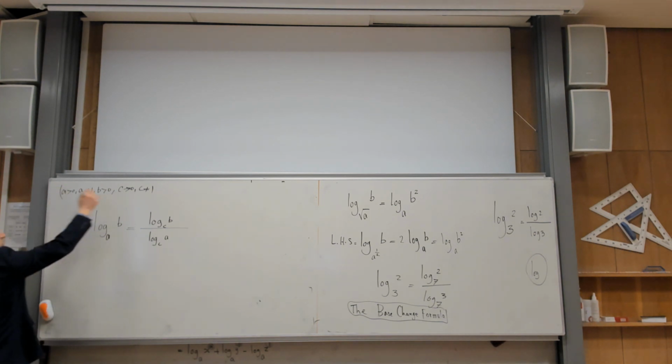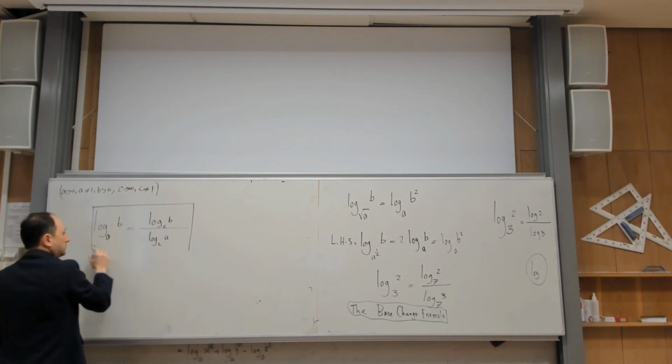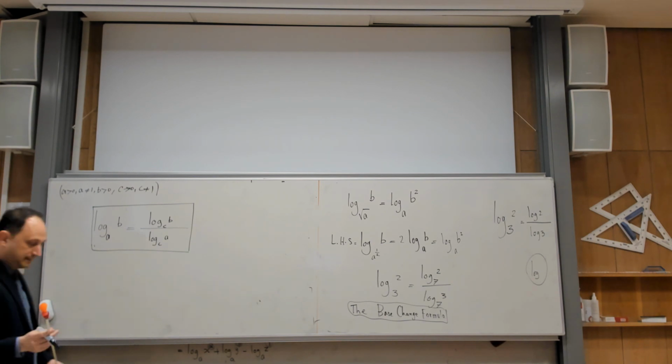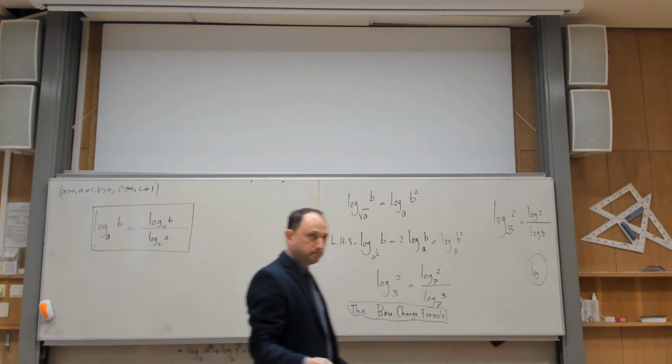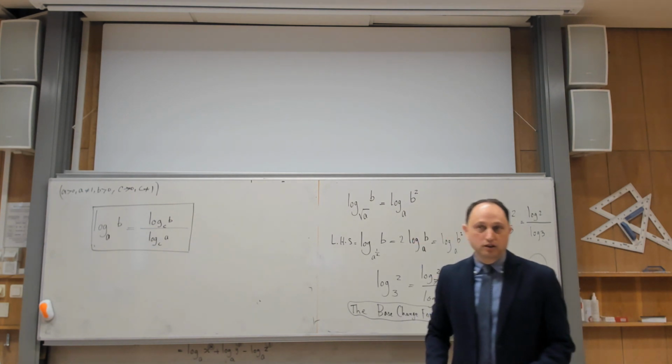So under these conditions, this is a very, very important formula in the lesson of logarithms. So why is this true? Again, the same story. If you want to prove a theorem in logarithms, the same trick.